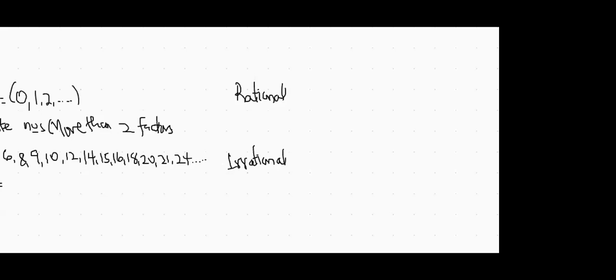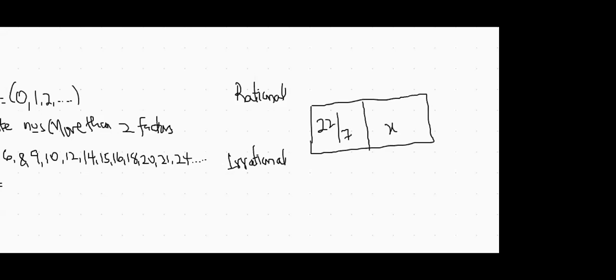Okay. Let me just leave this example. Then you choose between a rational number and an irrational number. Please, can we see the numbers I've just written?